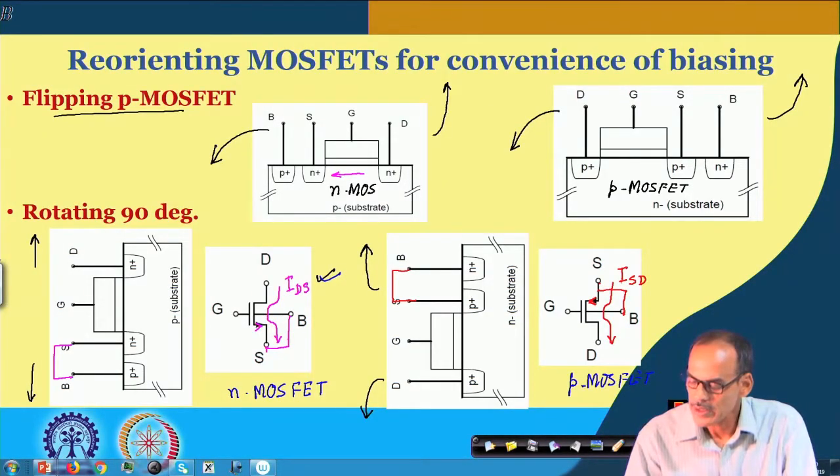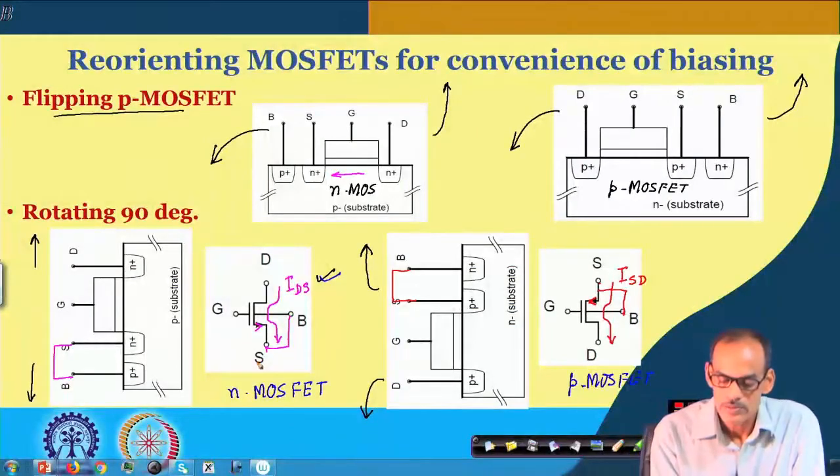Sometimes in some books we also place an arrow on the body connection, and for NMOS the arrow of the body connection is in this direction, from body towards the channel. This arrow is really not consistent with the current flow; there is no current flow.